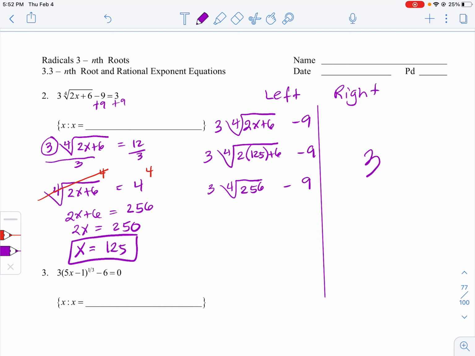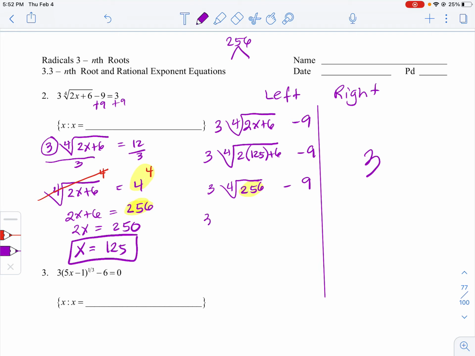Usually what I would do is make a factor tree for 256, but in this case I don't have to because I already know 256 is 4 to the power of 4.